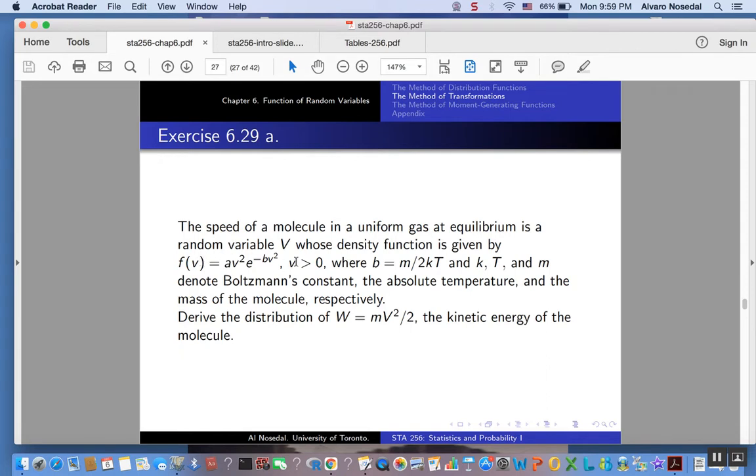So this is the non-zero part of the PDF of the random variable V, and b is also some constant. Anyway, our task, the goal, is finding the probability distribution of a function of that random variable V, which is given by m times v squared divided by 2.